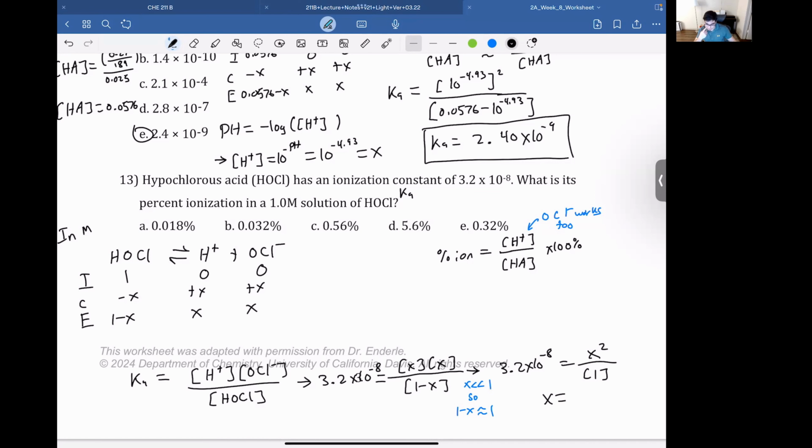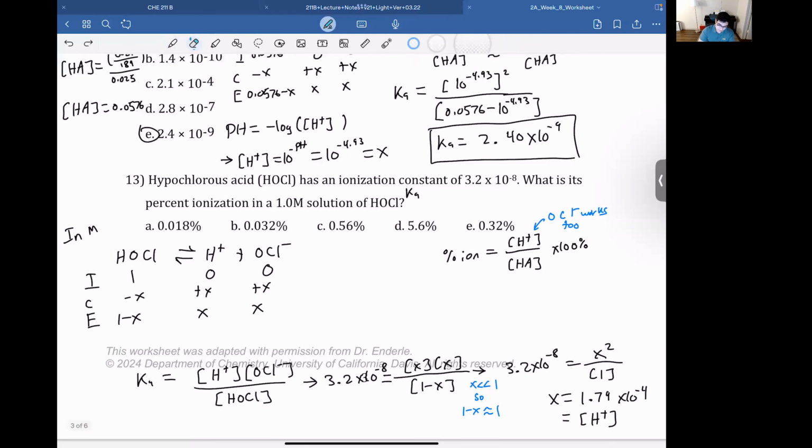Avoid using the quadratic formula. Here you just take the square root on both sides now. And we get x is equal to 1.79 times 10 to the negative 4th. So now we get to go ahead and plug that in, right? X is the concentration of hydrogen, right? From our ice table, just over here. So then let's just plug it in.